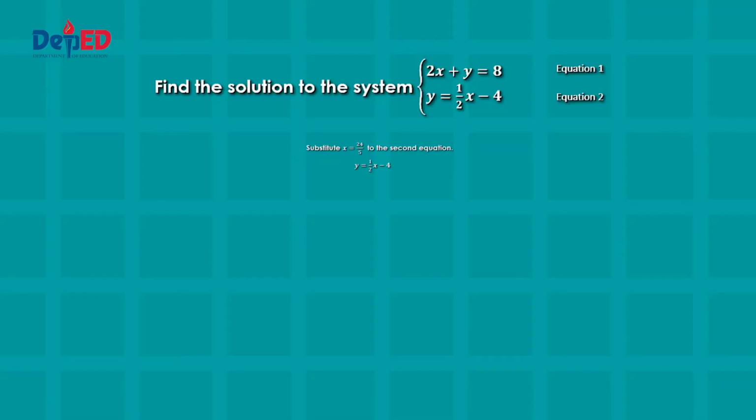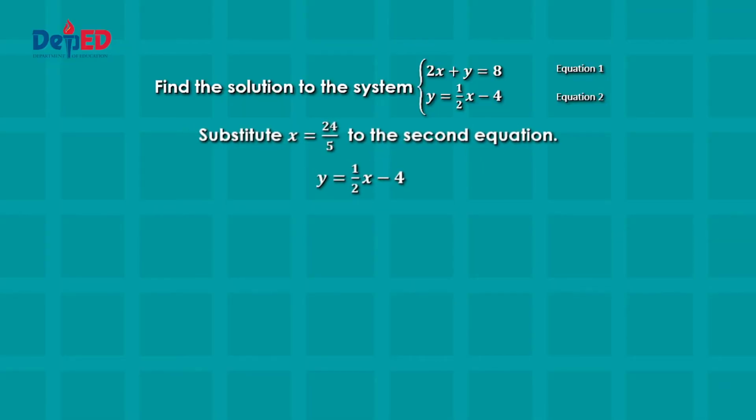Since we already have y in terms of x, we just substitute the given value. So y equals 1/2 times 24/5 minus 4. What is 1/2 times 24/5? This will be 12/5.